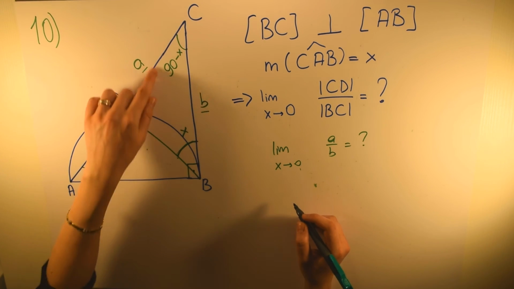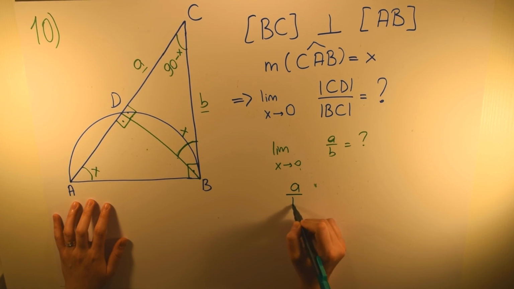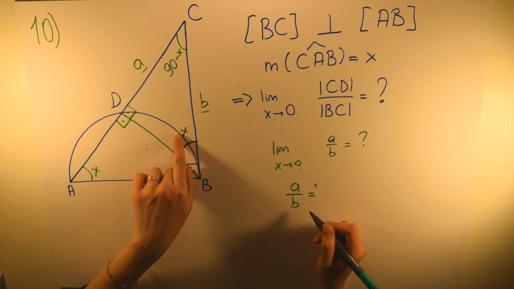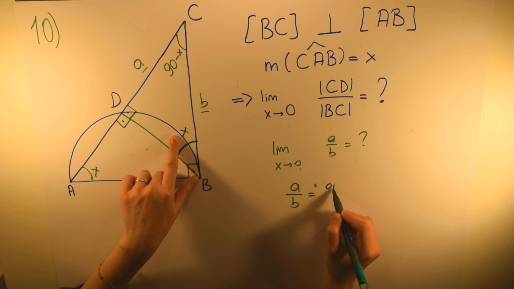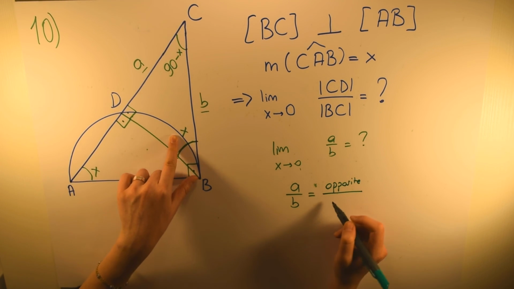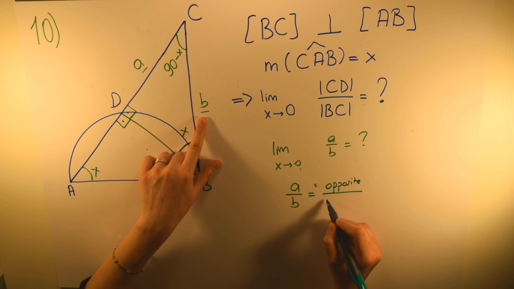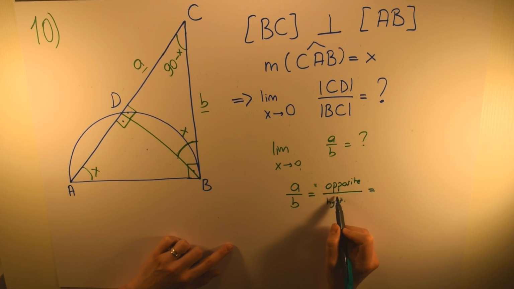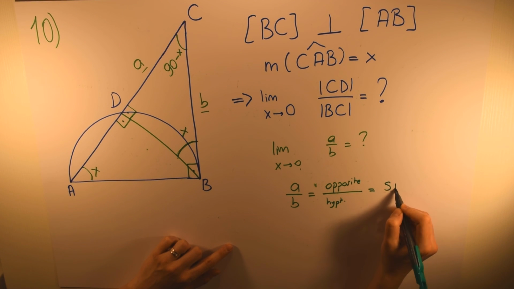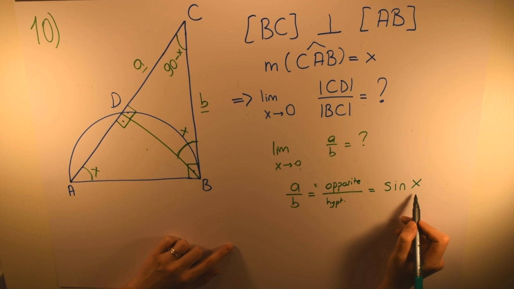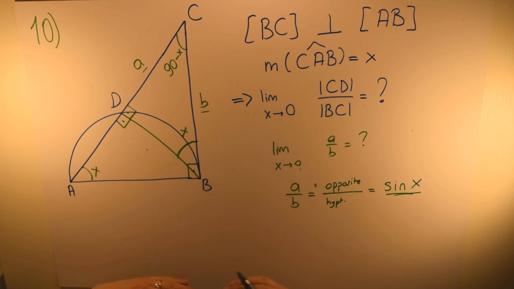In this triangle, A over B is equal to the opposite side of angle x over hypotenuse, right? So this is equal to opposite over hypotenuse, this is sine function. And this is equal to sine x. You see? Now everything is much easier.